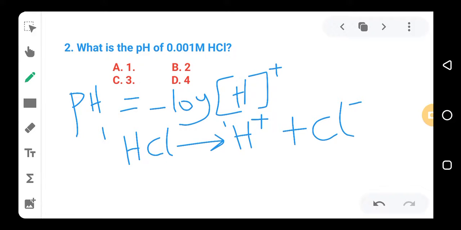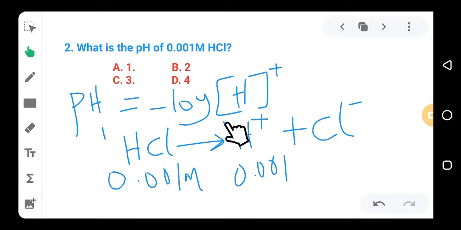So since we are using 0.001 of this HCl, we are also going to produce 0.001 of hydrogen ion. Now, we can put this value for the hydrogen ion concentration here and then solve.